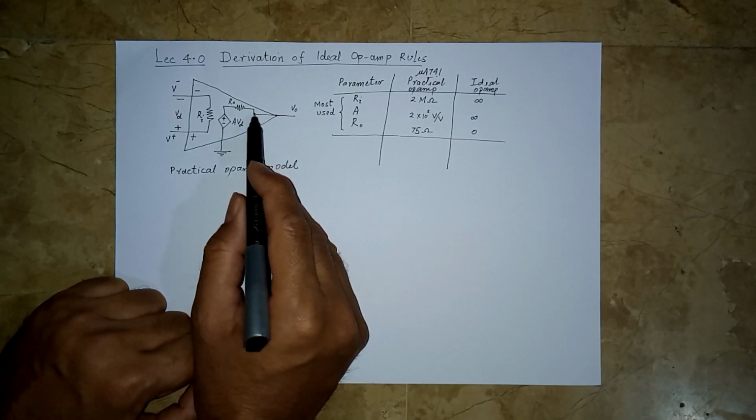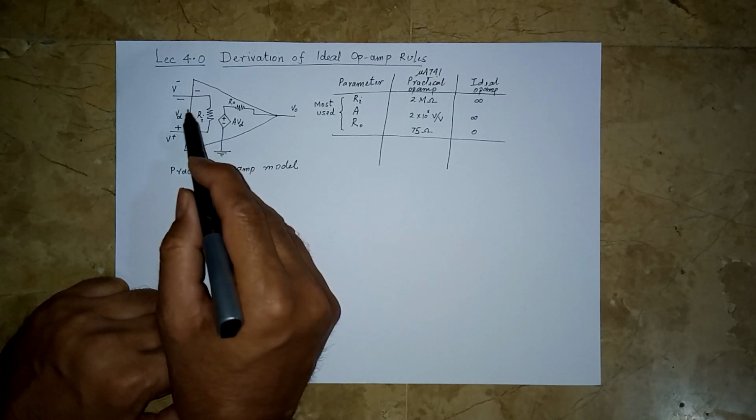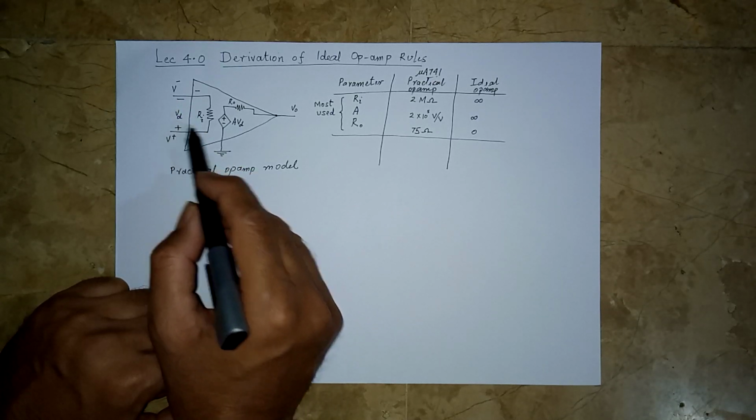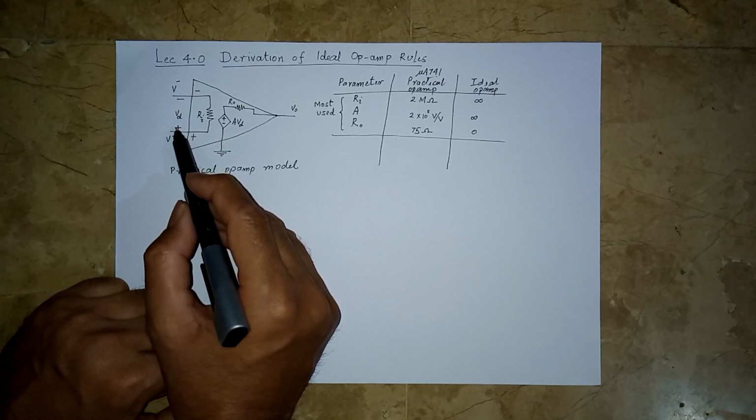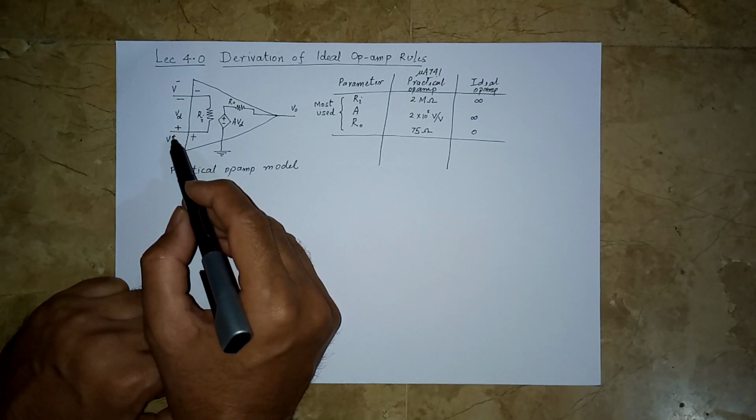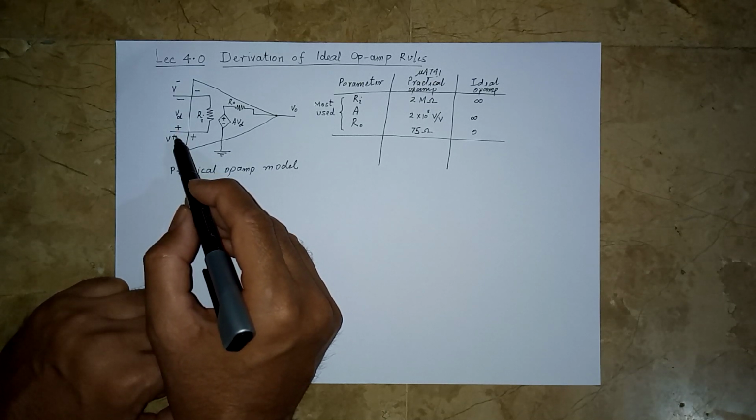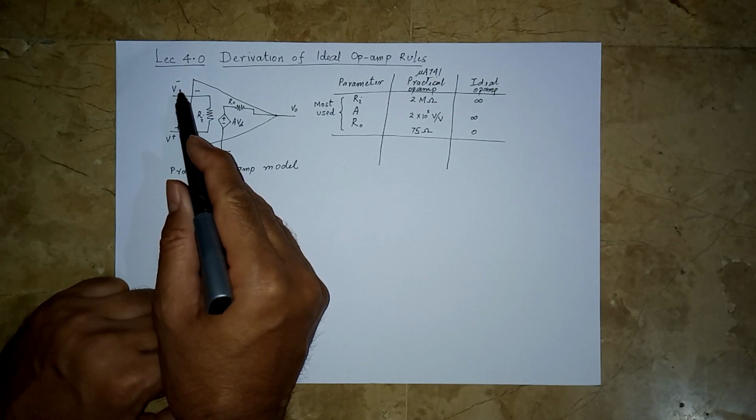So this is how VO is connected in the practical op-amp model, and the input VD is basically the difference of the non-inverting input voltage and the inverting input voltage.